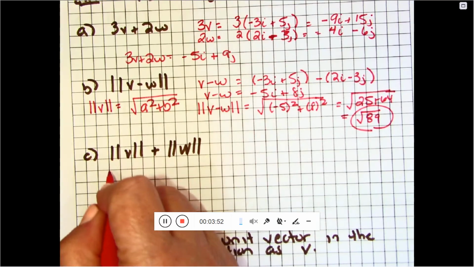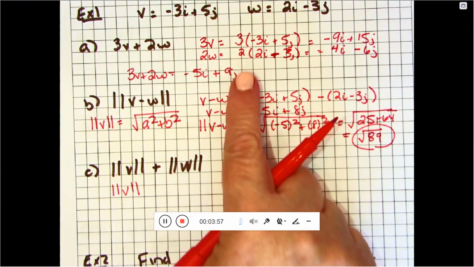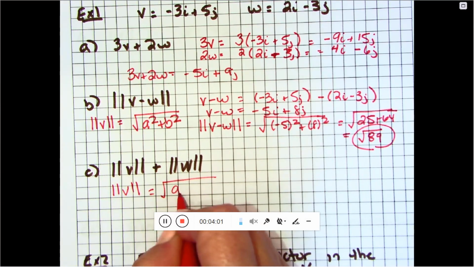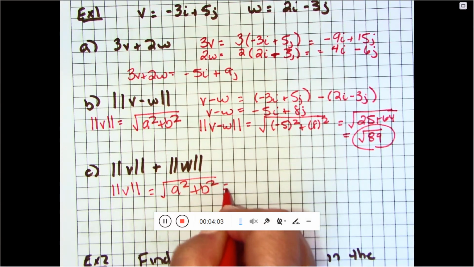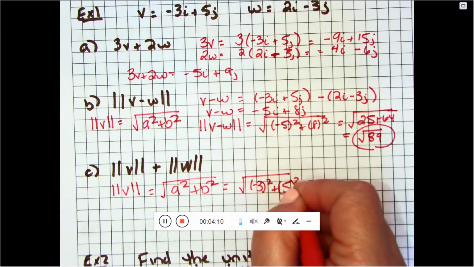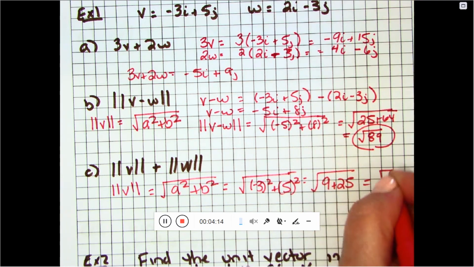So let's figure out what the magnitude of vector v is. Here's v. The magnitude of that vector, we're going to do the square root of a squared plus b squared. So it's the square root of negative 3 squared plus 5 squared. So that's 9 plus 25, the square root of 34.